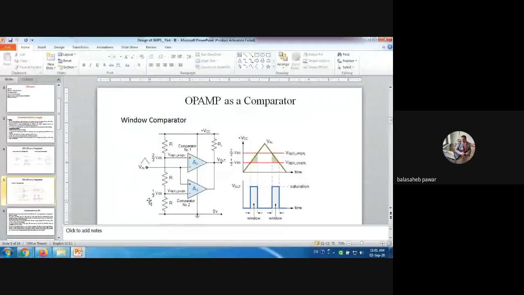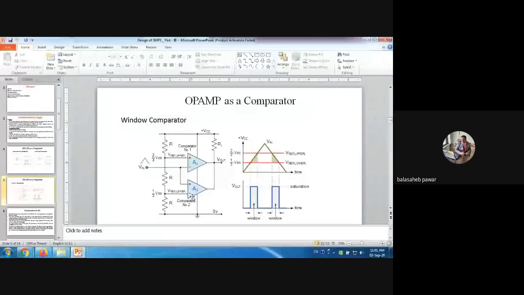The same is shown here. See, a triangular wave with peak amplitude is compared with two reference signals. One is 1/3 of VCC and the second one is 2/3 of VCC. Correct. And according to the configuration used, for the first op-amp, the reference signal is given to the non-inverting, and for the second op-amp, the reference voltage is given to the inverting.